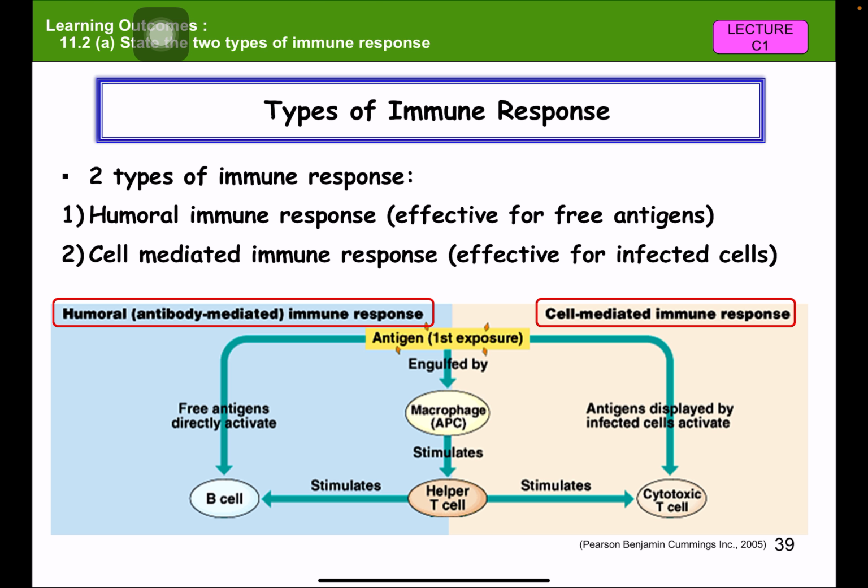If it's from the cell-mediated immune response, usually the antigen will be displayed by the infected cells, so this will stimulate the cytotoxic T cells. This will be discussed later in your tutorial class.